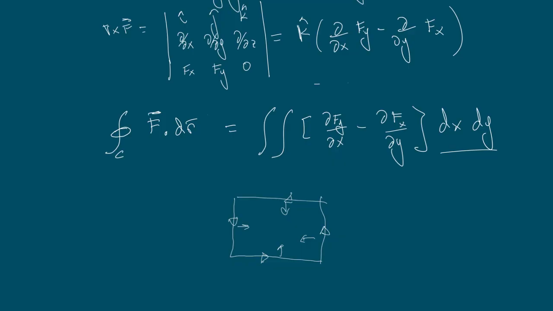Now imagine that you divide the region into many small regions like this. In each region there is a tendency to rotate of the vector field.